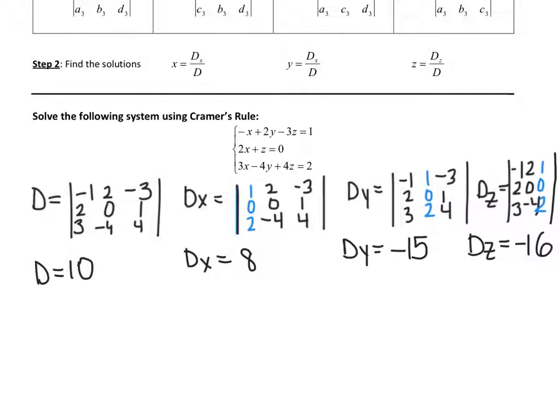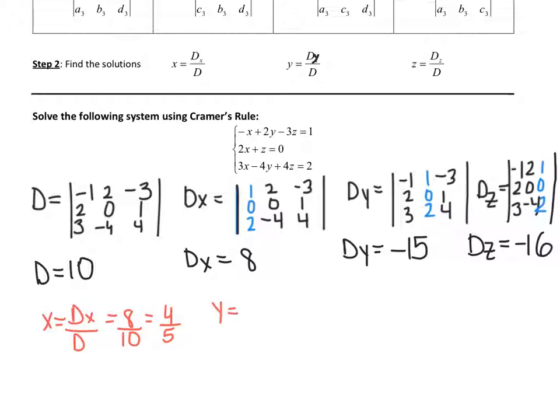Okay, now if I want to find the x value of the solution, I'm going to take d of x over d. The y value, I'll take, whoops, this is a typo, this should be d of y over d. And if I want to find the z value, I'll find d of z over d. So x equals d of x over d. So d of x is 8 over 10, which reduces to 4/5.